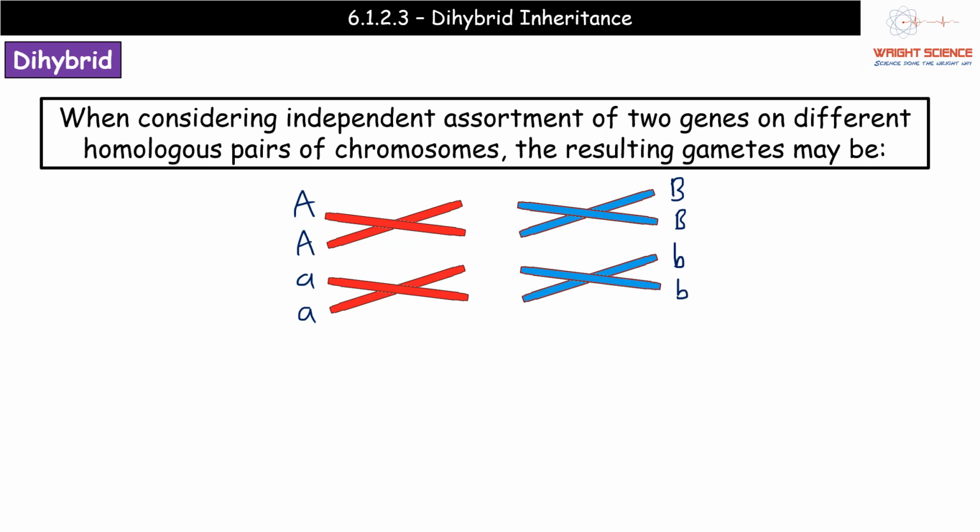Top one, two capital B's, and the bottom one, two lowercase b's. Now, what we're going to look at is what happens during this process of independent assortment. So basically, how are these two different genes, the A gene and the B gene, going to end up in those gametes?